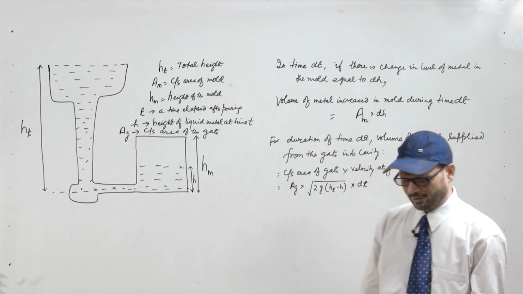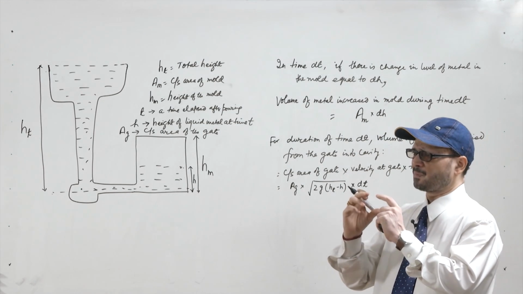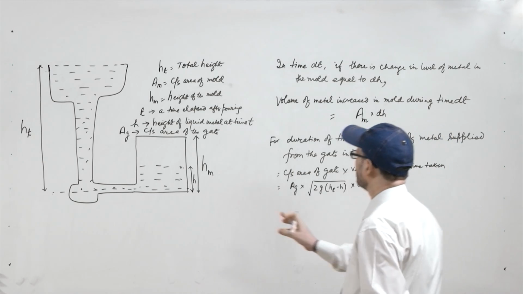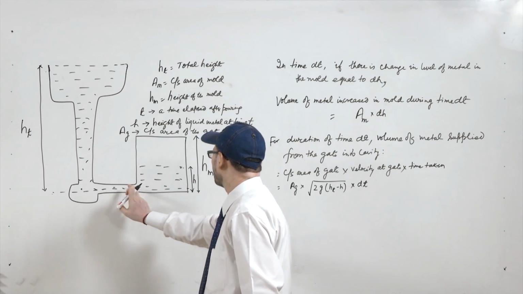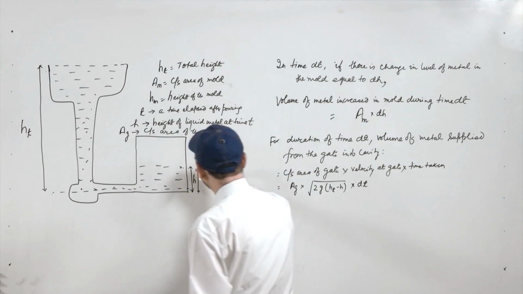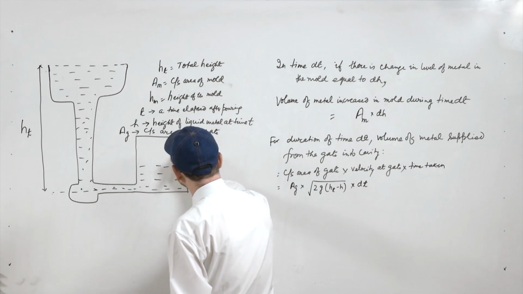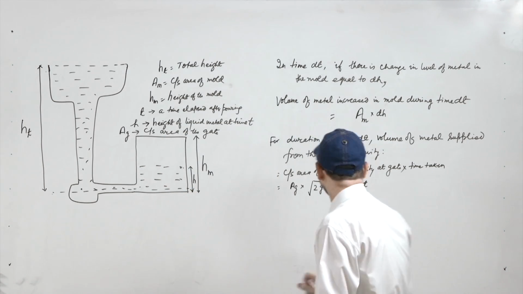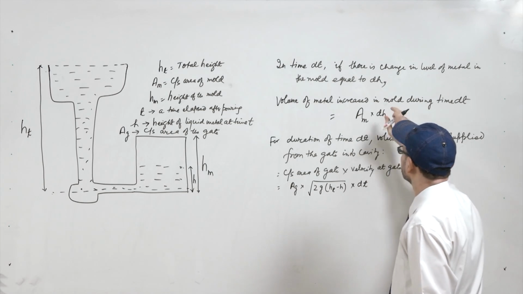So, this will be the amount of liquid metal which will be supplied from this portion into the cavity, and that has increased the level of this height by dh. So, we have to equate this and this.